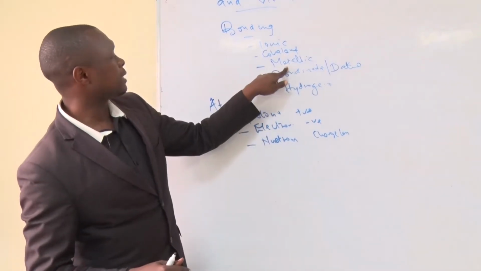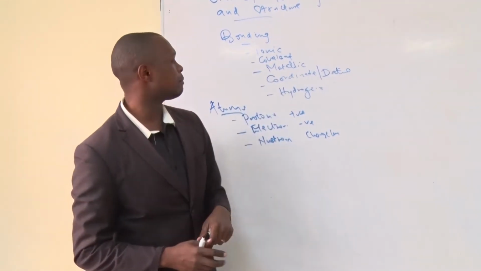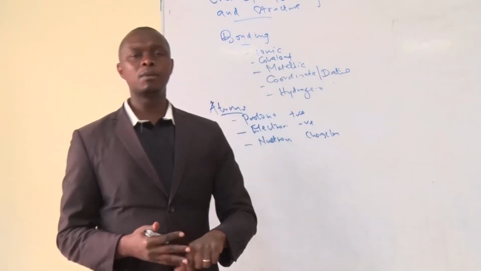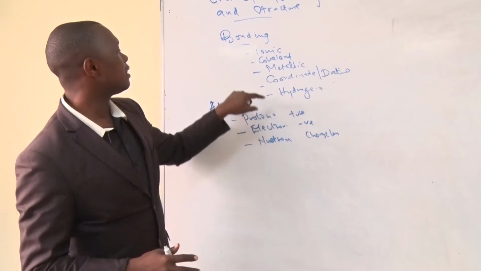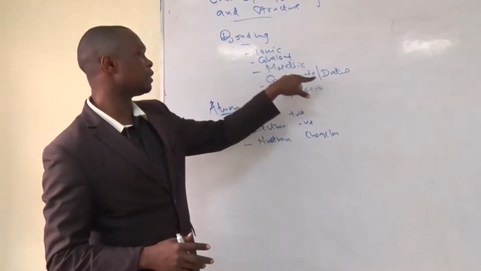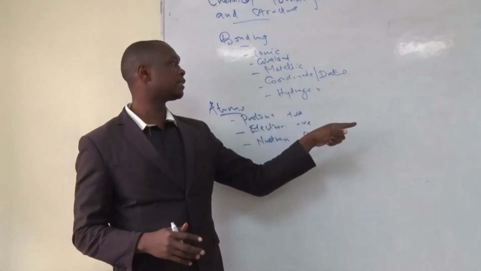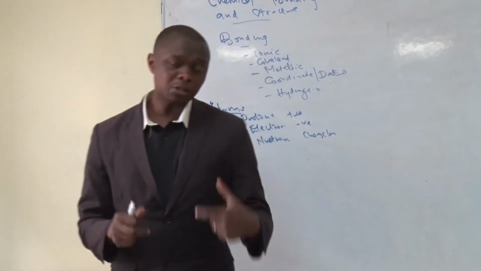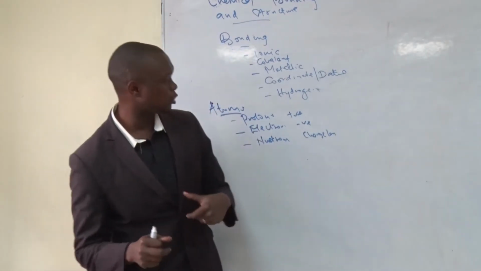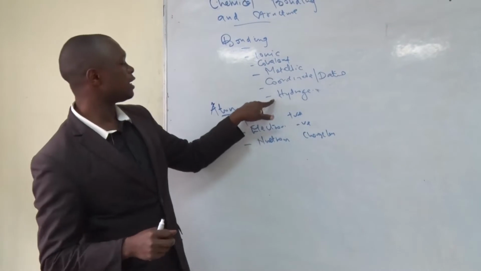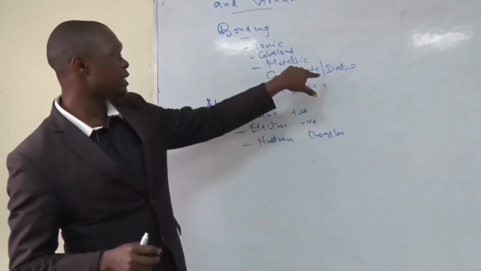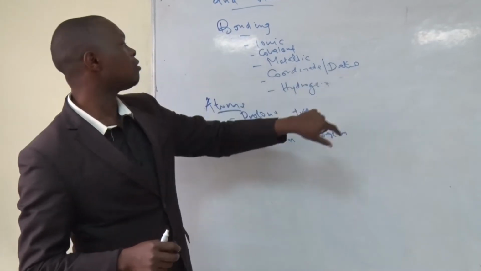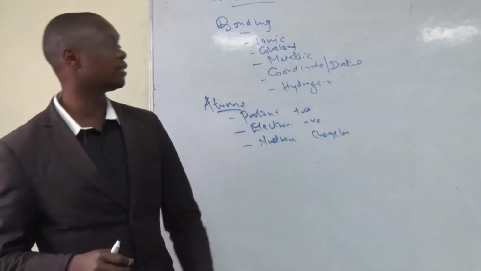And then we also have metallic bonding, formed when metals normally lose the localized electrons. And then we have coordinate-rotative bonding. In coordinate-rotative bonding, the electrons shared come from one species of one atom. Then also we have hydrogen bonding. Hydrogen bonding, coordinate bonding, rotative bonding are all types of covalent bonding.